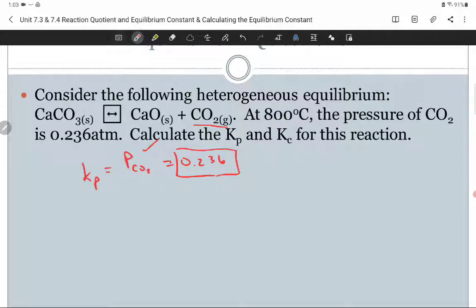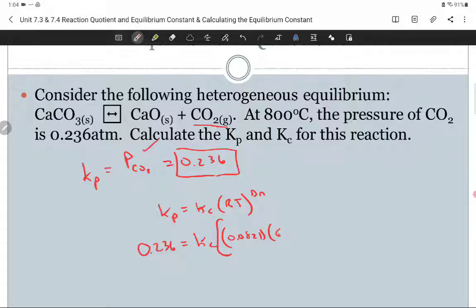And then to convert Kp and Kc, you need that. So we know 0.236 is the Kp. We don't know Kc. R value, 0.0821.